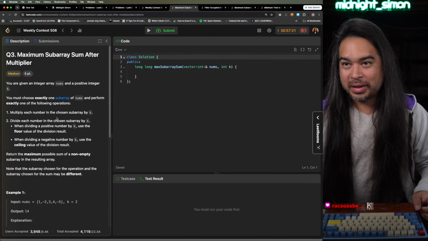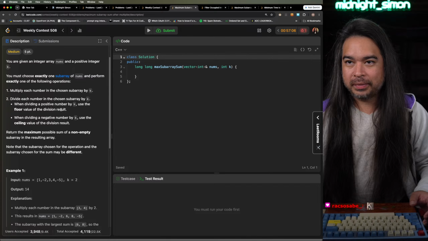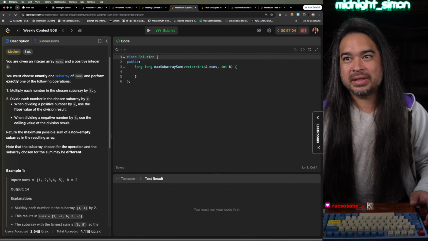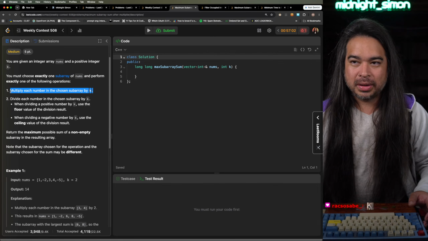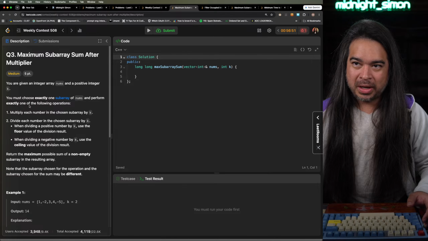What? One subarray. So multiply or divide each number. So do I have to do a sliding window or something? Is it binary search?